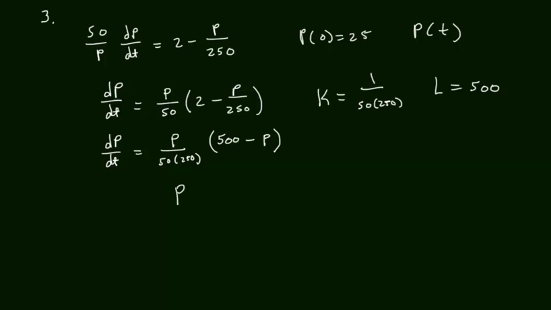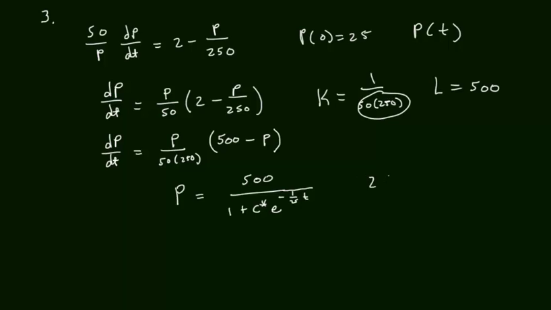Gives me P equals 500 over 1 plus C star e to the negative k times L. Well, that's kind of nice. The 500 over this quantity here is going to give me 1 over 25 t.